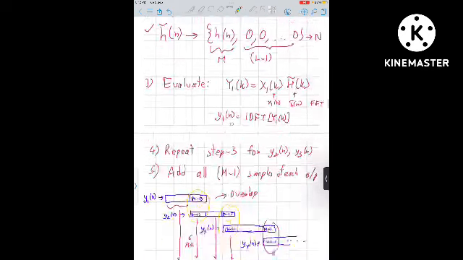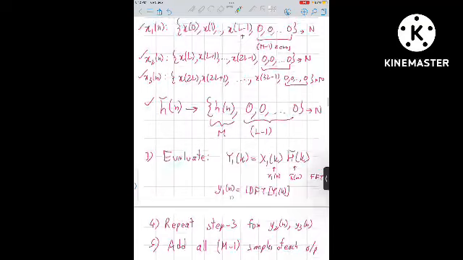And the corresponding output y1 of n will be the IDFT of y1 of k. Is it clear up to this point? What have I done over here?